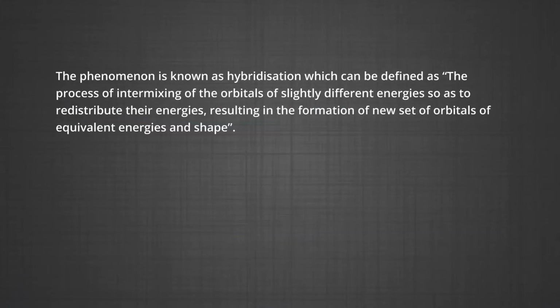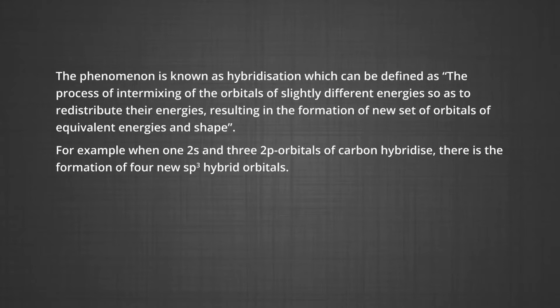The phenomenon is known as hybridization, which can be defined as the process of intermixing of orbitals of slightly different energies so as to redistribute the energies, resulting in the formation of a new set of orbitals of equivalent energy and shape. For example, when one 2s and three 2p orbitals of carbon hybridize, there is the formation of four new sp3 hybrid orbitals.